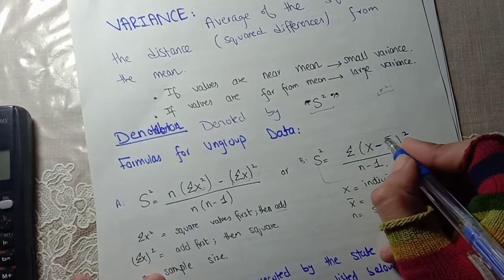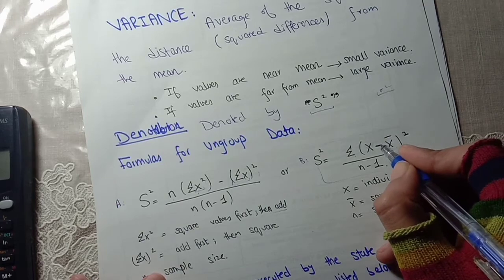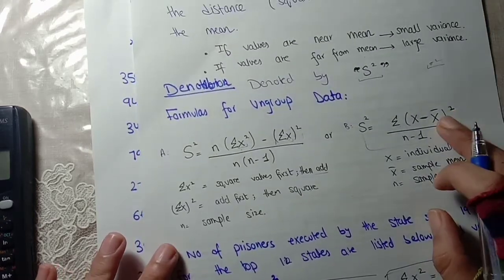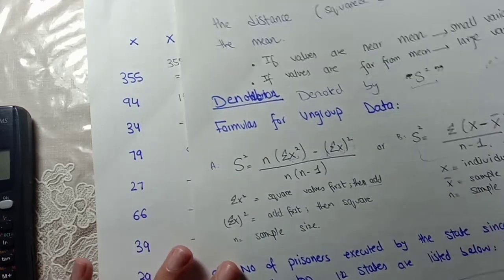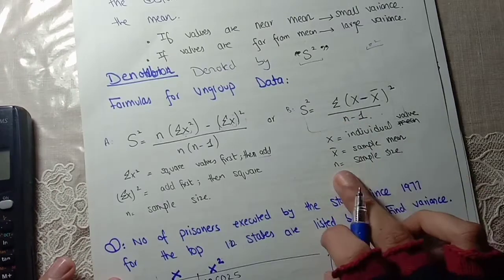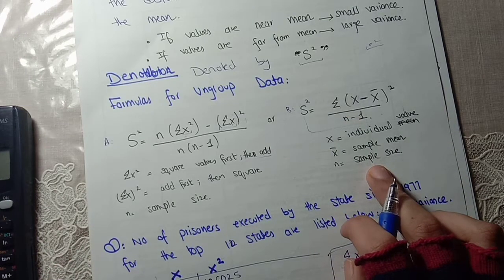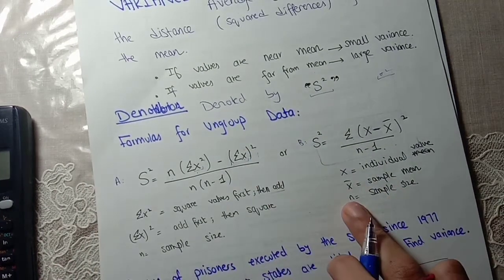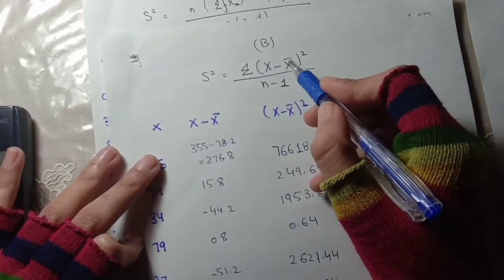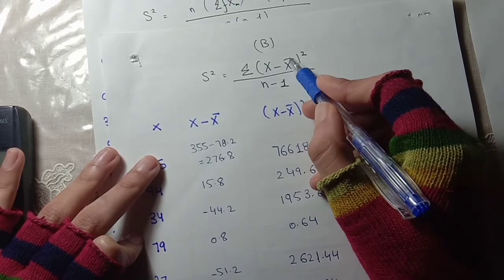And x bar, we have already discussed it in the first video of this channel. What is x bar? It is the sample mean. We have to take the mean of the x column. N is the sample size; for ungrouped data, n is the total number of values given.